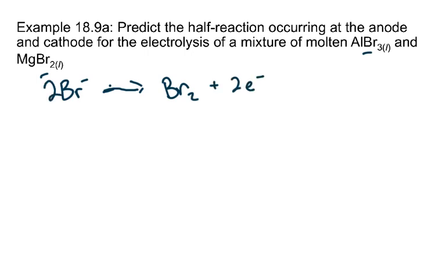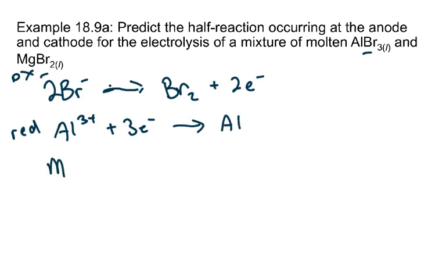We need a 2 here. So that's our oxidation. Our reduction, we have 2 choices. We can reduce our aluminum 3+ to solid aluminum, or we can reduce our magnesium 2+ to solid magnesium.